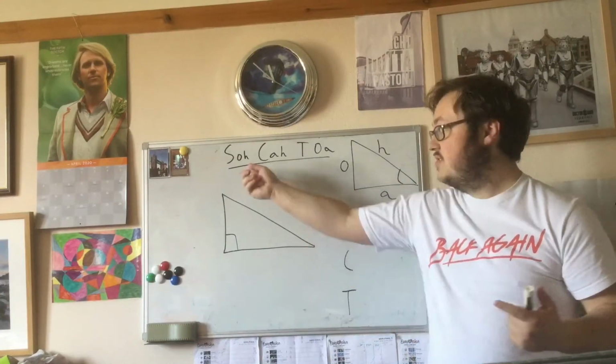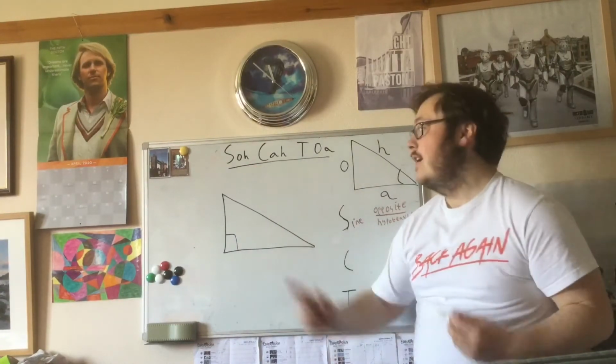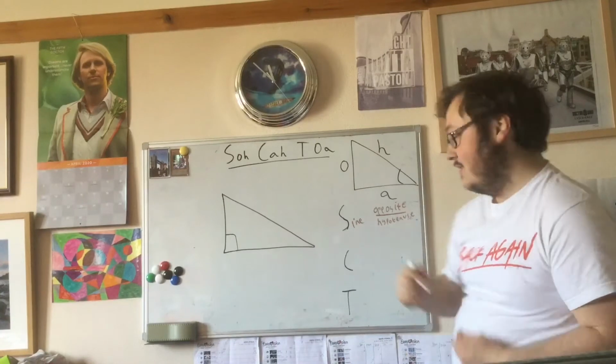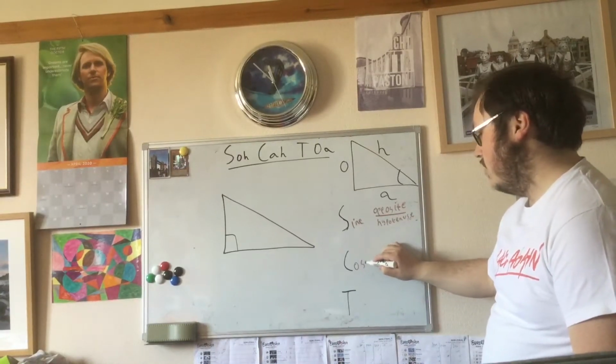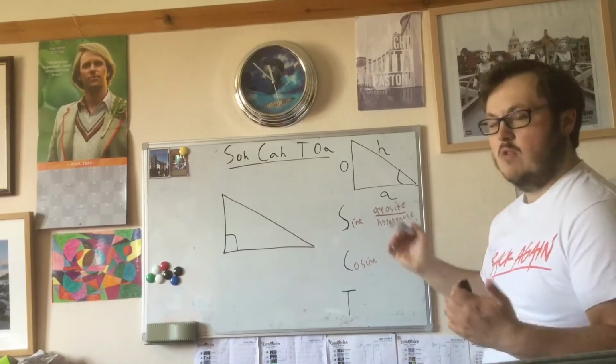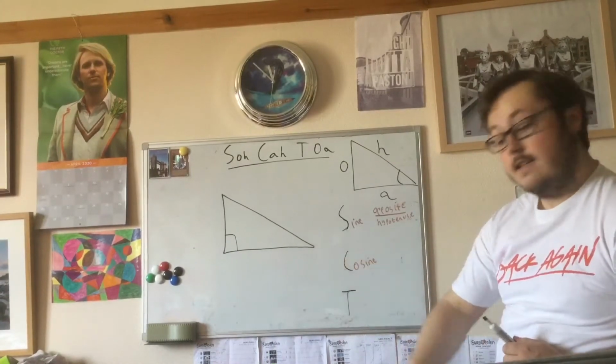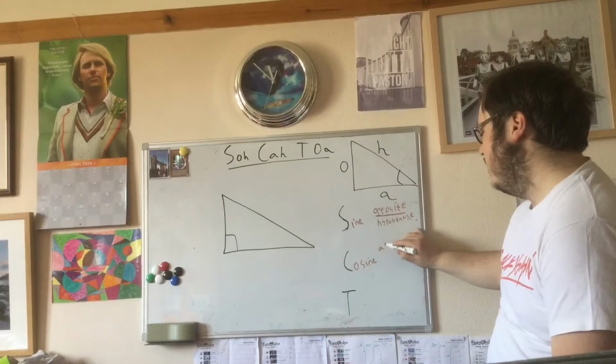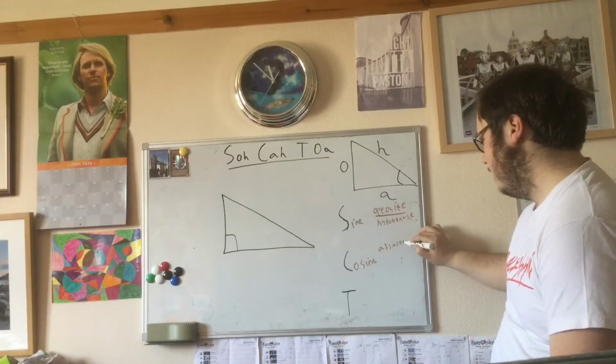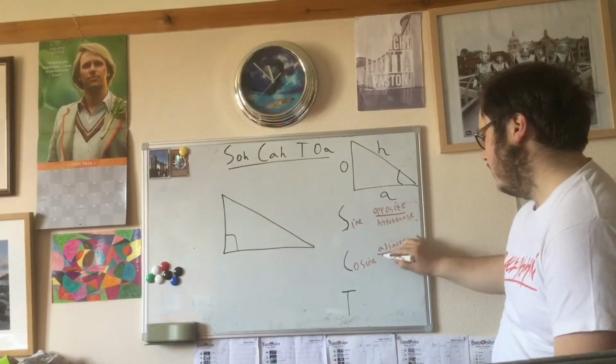So that's what they stand for. The C stands for cos or cosine. And cosine you find is right next to the sine on the calculator. And cosine is when you have an adjacent and a hypotenuse.